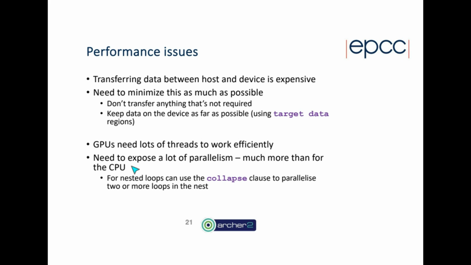So in particular, this means that you often need to exploit parallelism from more than one loop in a nest. This is a good example where the collapse clause that we talked about yesterday is very useful in order to extract as much parallelism as possible from loop nests, to keep all the GPU cores and threads busy.